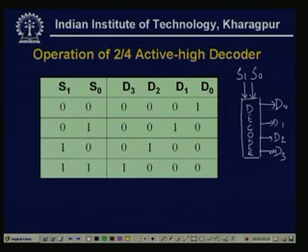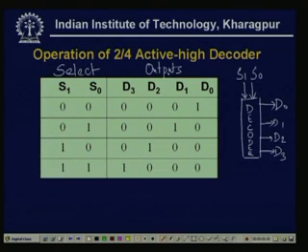Here these are the control bits, these are my select lines, and these are my outputs.